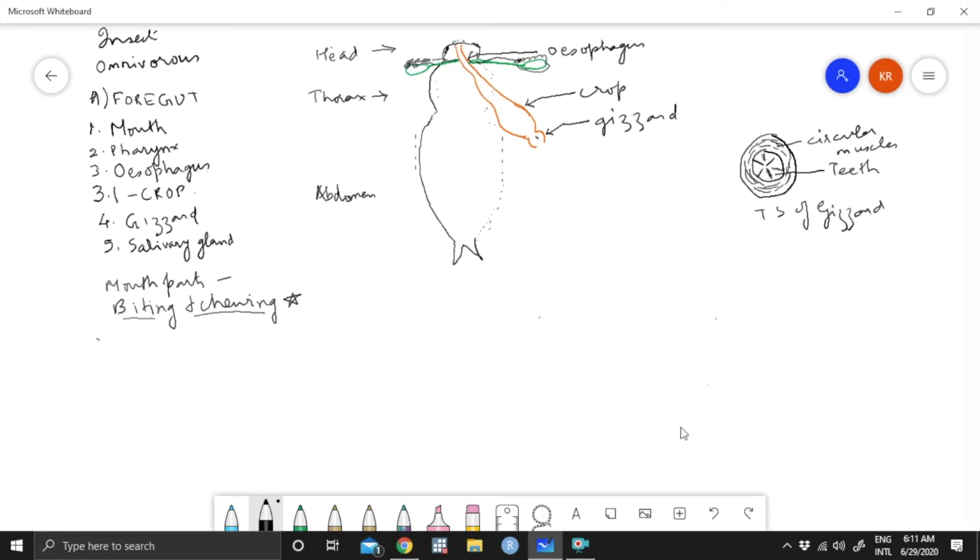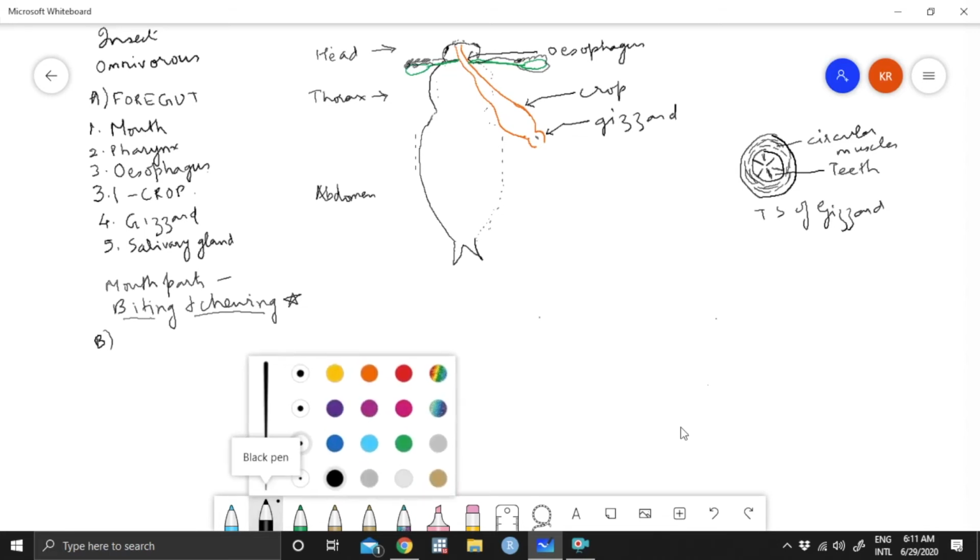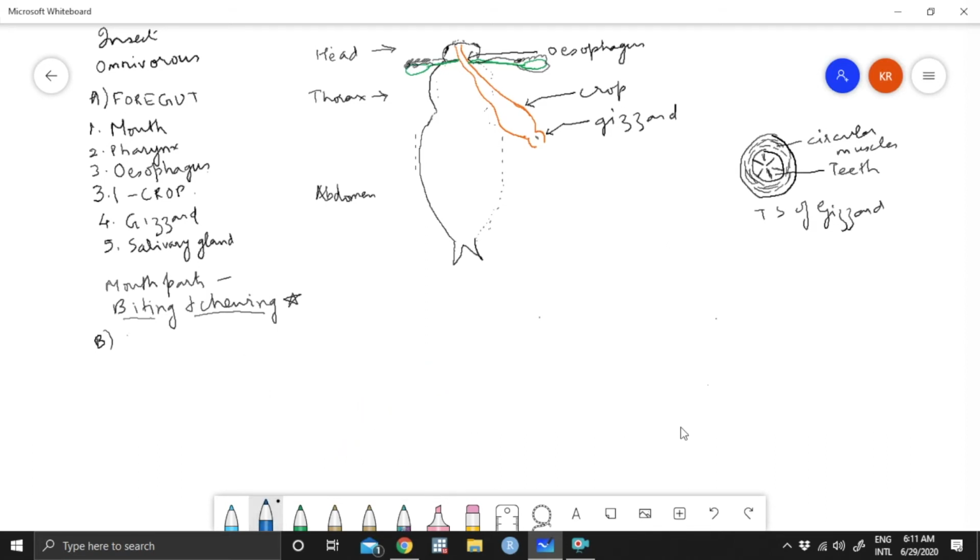Now let us show midgut. So midgut will contain gastric CK. Sometimes it is written as hepatic CK, and stomach.